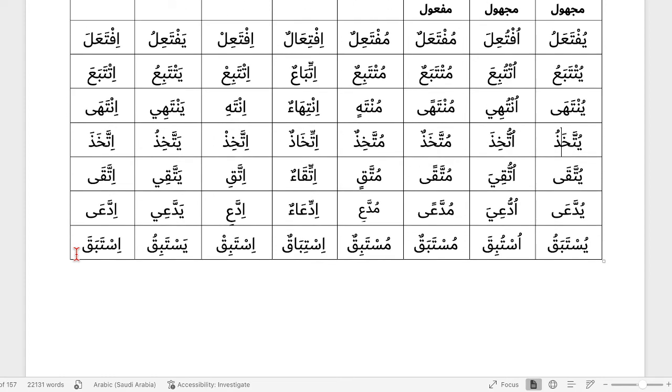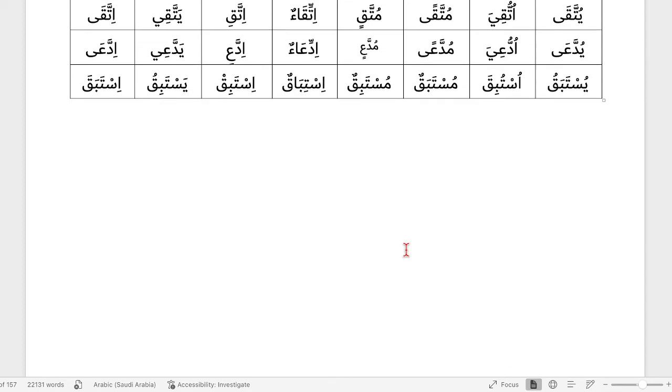Idda'a, yadda'i, idda'i, iddi'aun, mudda'i, muddain is actually in. If I make it smaller, you will see it. Mudda'in, mudda'an, udduiya, yudda'a. Istabaka, yastabiku, istabik, istibakun, mustabikun, mustabakun, ustubika, yustabaku. So this is form 8.